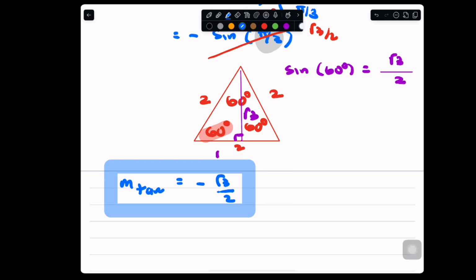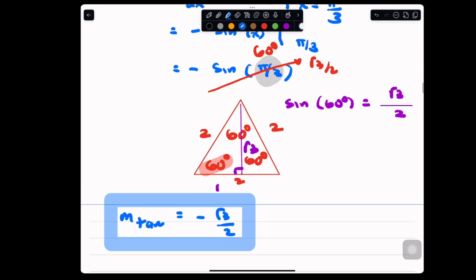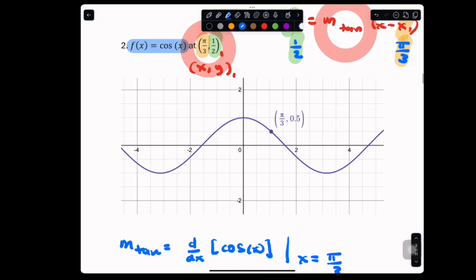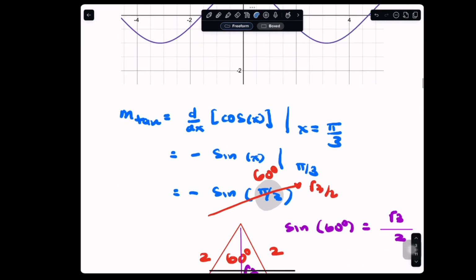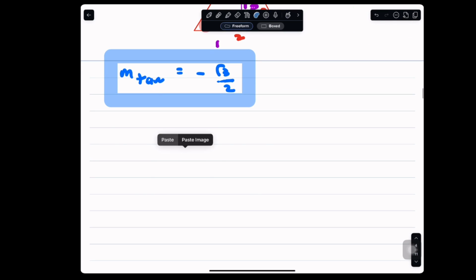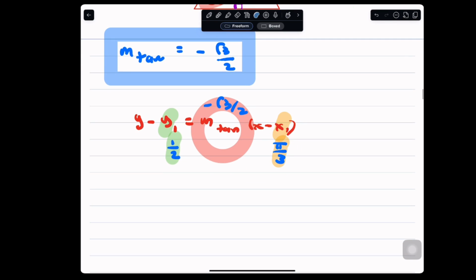All right. So as you guys can see, yes, I'll need to do some arithmetic here, where you get y minus 1/2 becomes negative square root of 3 over 2 times x minus pi over 3.